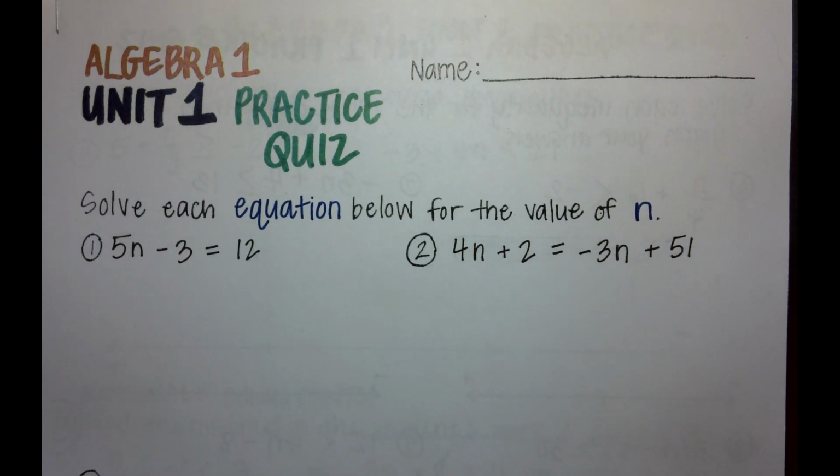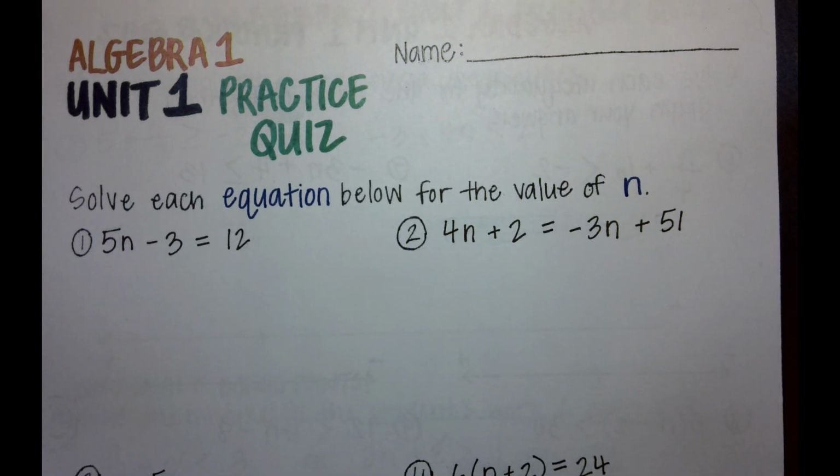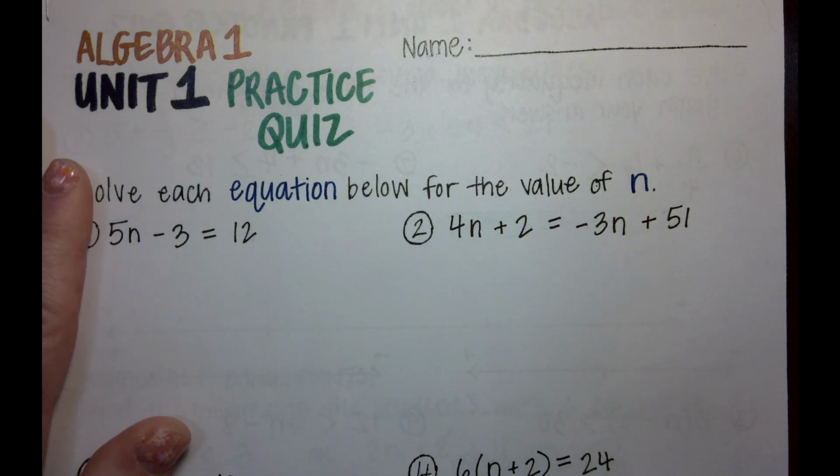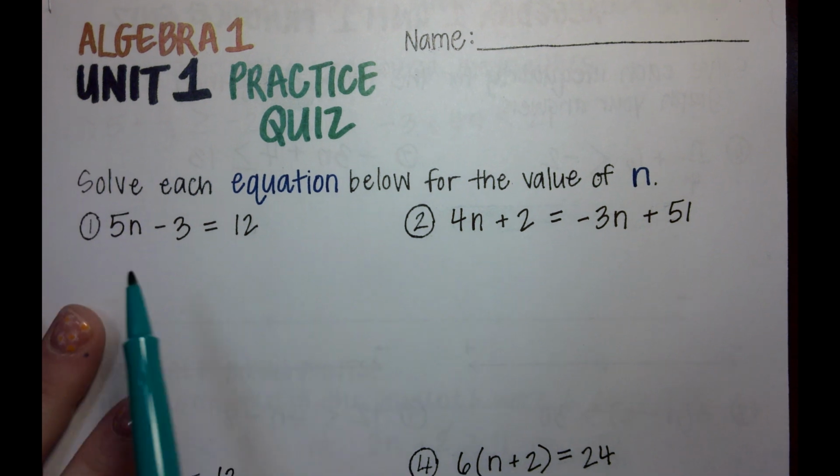After each problem, I'll tell you how many points each one will be worth. And then we'll go over anything. At any point you have questions for me, don't hesitate to ask. I want everybody to ask if you're not sure what's going on. So, first of all, does everybody have a practice quiz? Okay, good. So let's start on number 1.